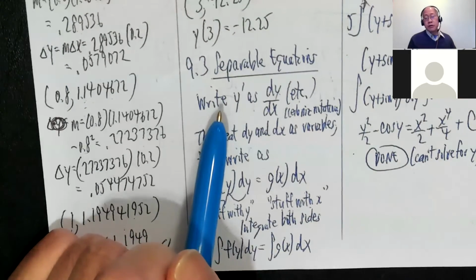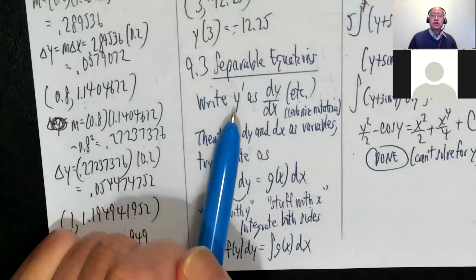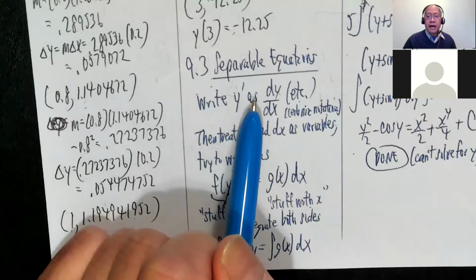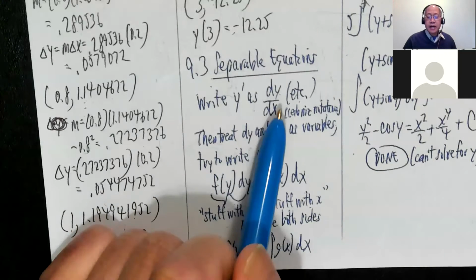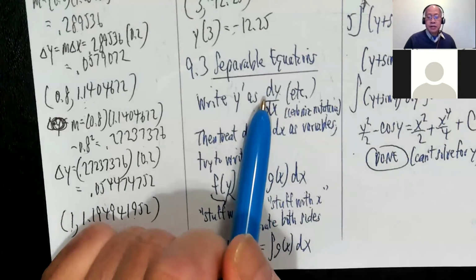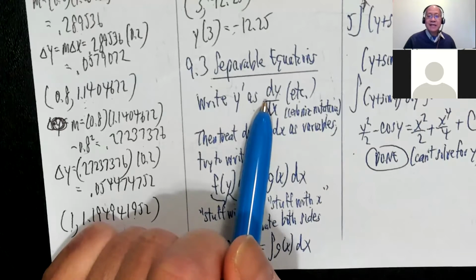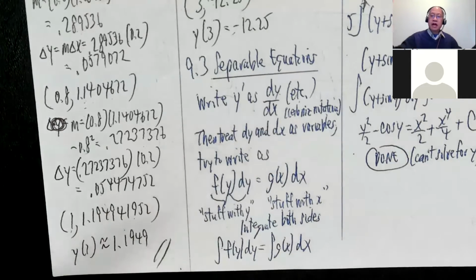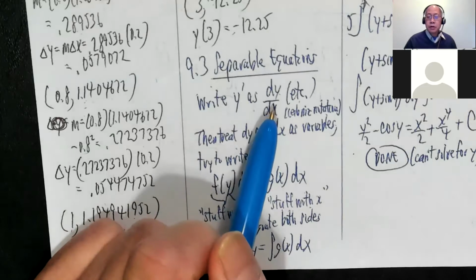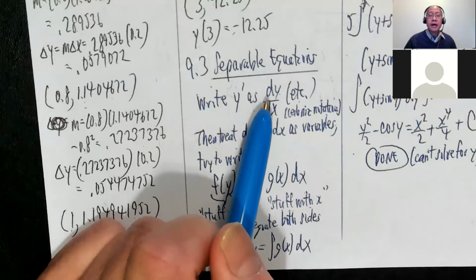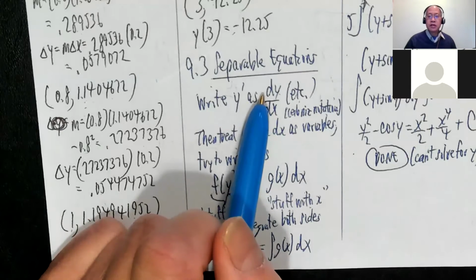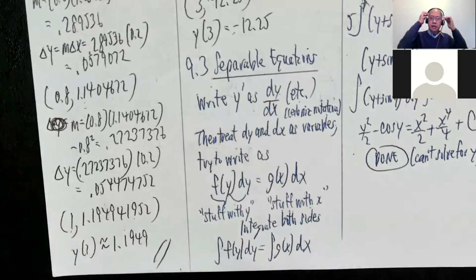All right, so you get a differential equation. If you see y prime, write it as dy dx. And I say etc. because dy dx, that's only if the variables are y and x. But if you have s as a function of t, you might have ds dt. Or you might have u and w, then you have du dw, and so on.